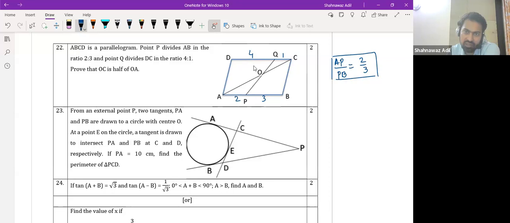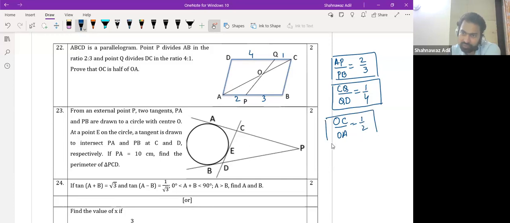And also it is given that CQ by QD is 1 by 4. These are the things which are given. And then we have to prove that OC by OA is 1 by 2. Right? So how can we prove this, guys?